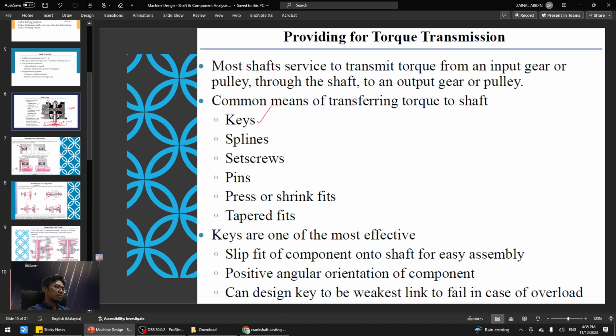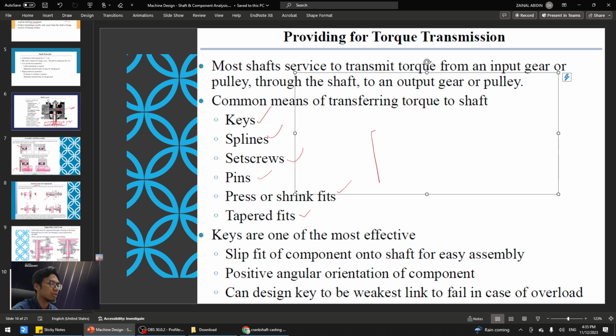The other method is spline, set screw, pin, press or shrink fits, or tapered fits. You must know how to differentiate these type of torque transmission component. Okay, for example, you have, saya buat example yang sama. You have this gear, input gear. Ni input gear.